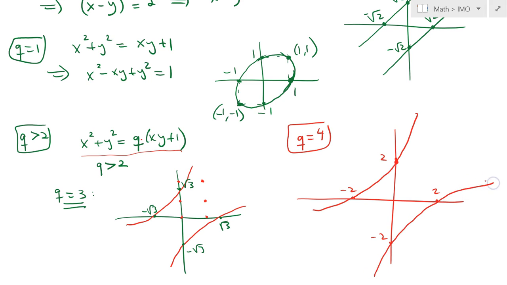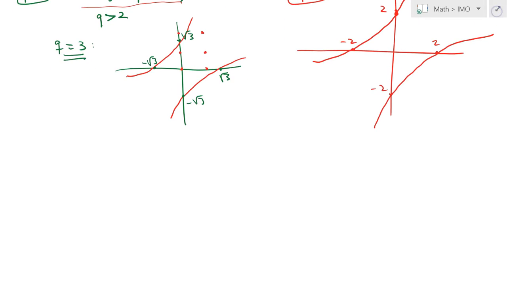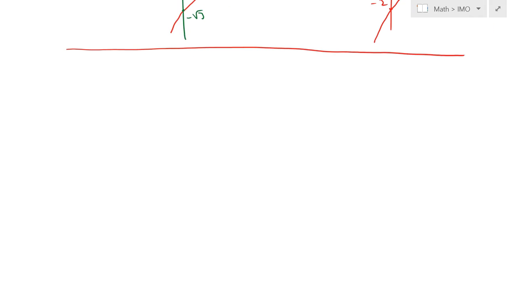But moreover, the claim is that there exists a parametrization which provides an infinite number of solutions on this graph, and the way to do it is to build it recursively. So let me create the recursion and let's discuss this recursive equation together.